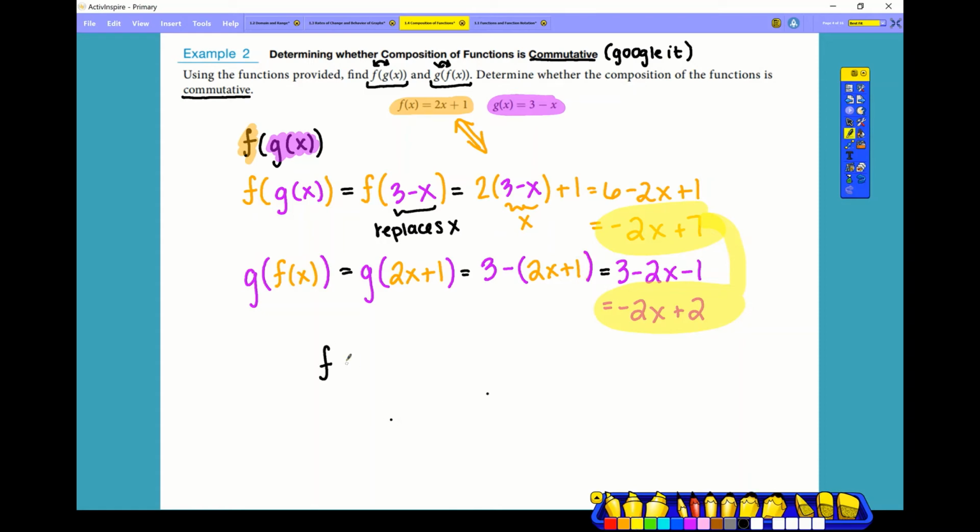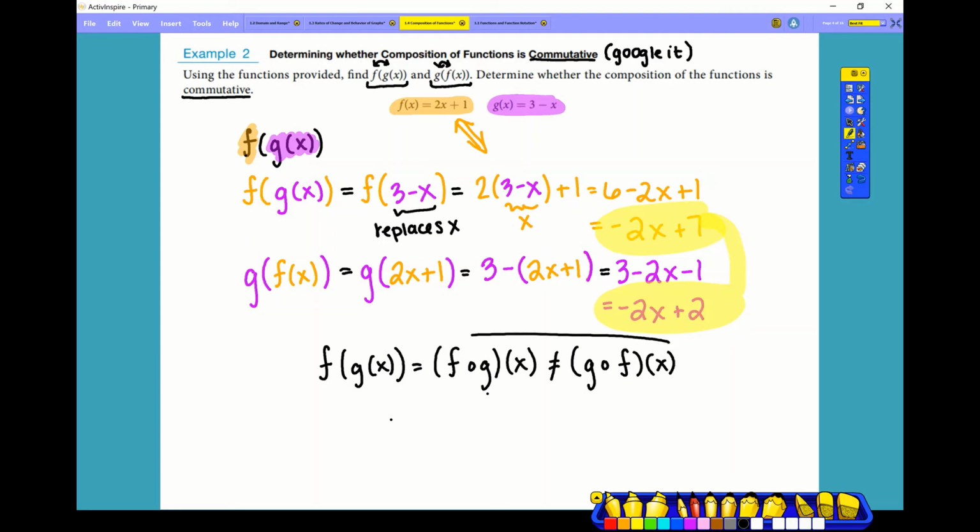That tells us that f of g of x, which is equal to f of g in the other notation, is not equal to g of f of x. So this is important. That's not usually the case. They're usually not equal.